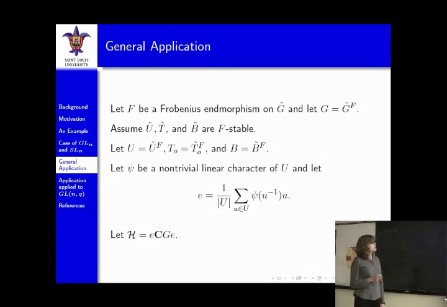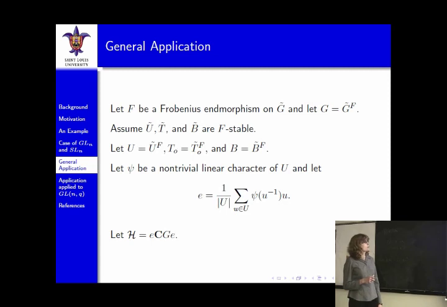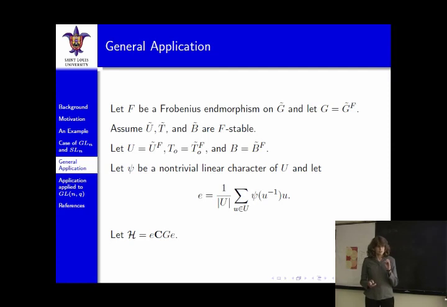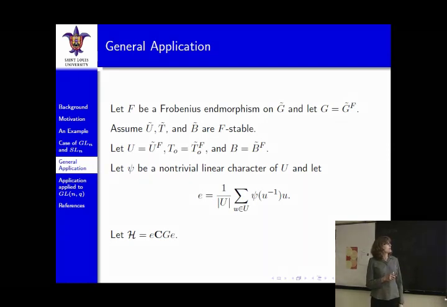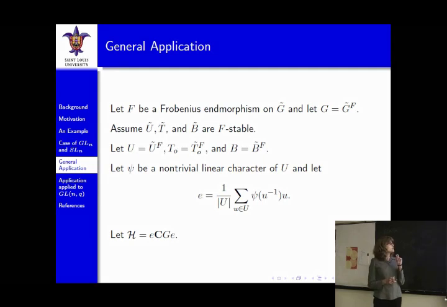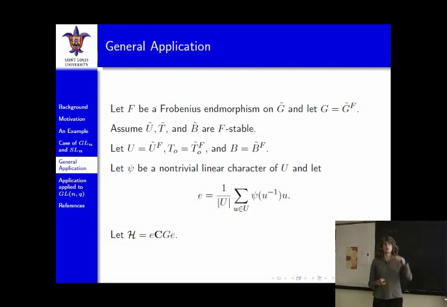So let F be a Frobenius endomorphism on our algebraic group. If you're thinking of your linear algebraic group, the standard Frobenius endomorphism is raising every entry in your matrix to the q-th power. That's a Frobenius endomorphism. And more generally, a Frobenius endomorphism is one where some power of it is that standard one. So if you compose it with itself enough times, it will be raising each entry to some power of q.